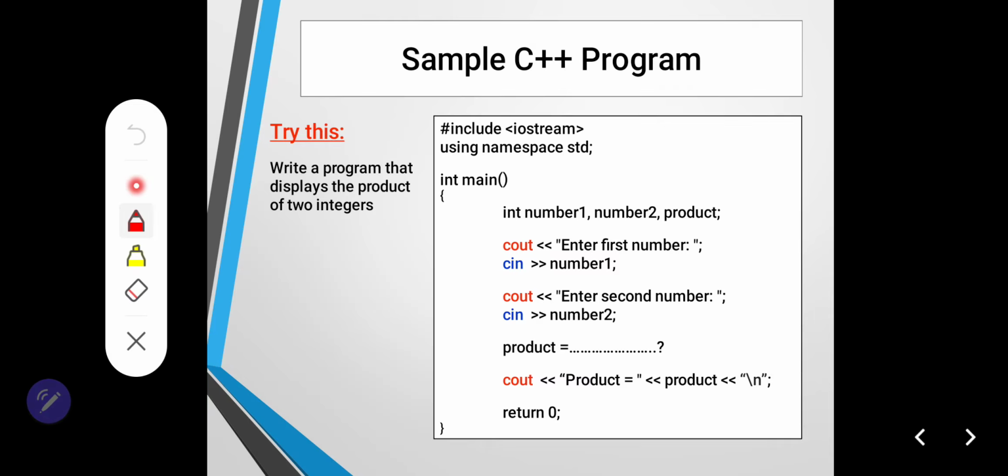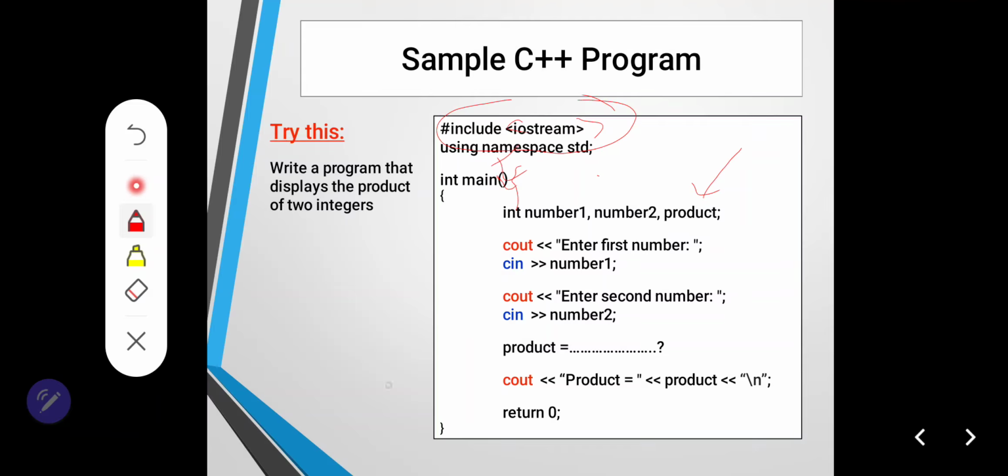Sample C++ program. Try this. Write a program that displays the product of two integers. This is the same as before. You have to create the include, hashtag include angle bracket iostream, using namespace std semicolon, and you have to write int main and then parentheses.